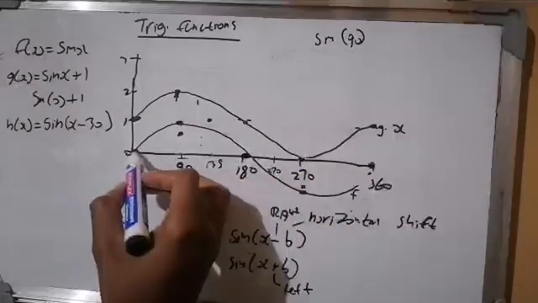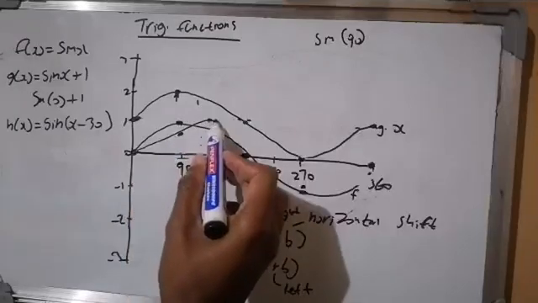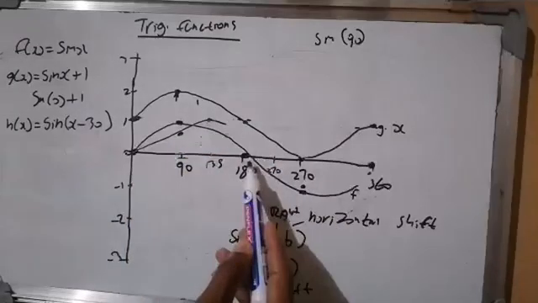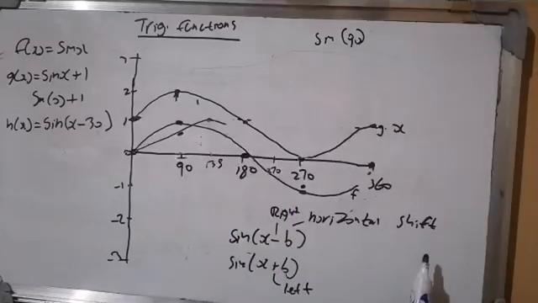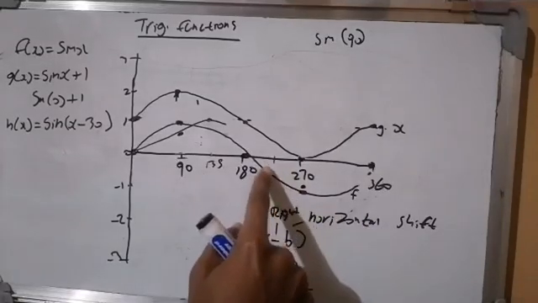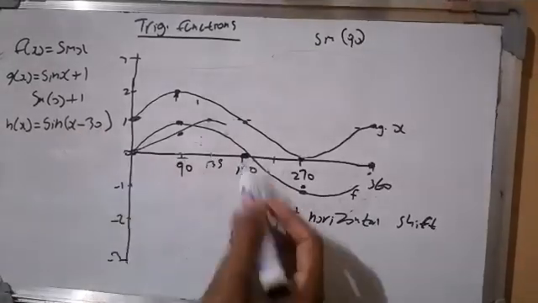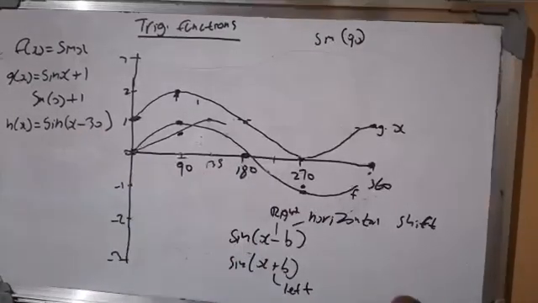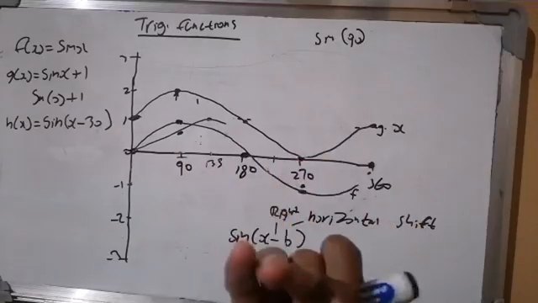But by the way, your graph will be something like this. From 180, if we say 180 plus 30, because the graph shifted to the right by 30 units, at 180 you see 190, at 200, 210.